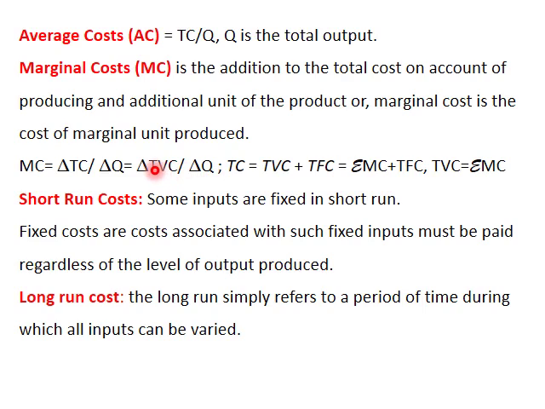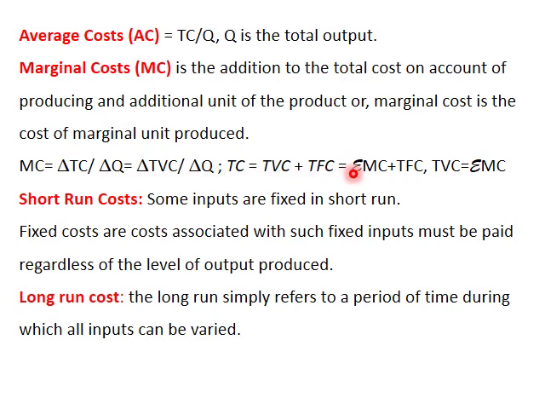Here we ignore change in fixed cost because change in fixed cost equals zero. There is no change in fixed cost with regard to the volume of production. That's why here change in total cost divided by change in Q equals change in total variable cost divided by change in Q. Total cost equals total variable cost plus total fixed cost.